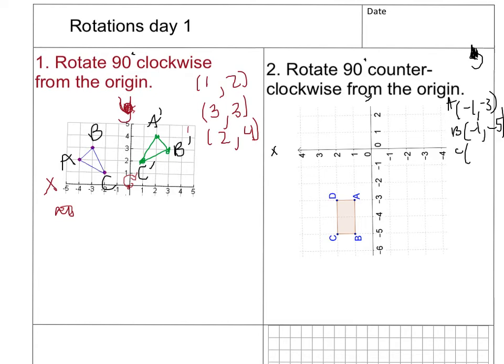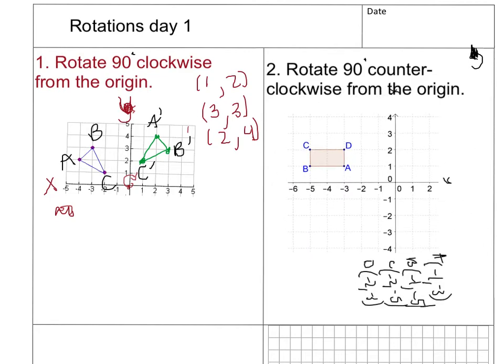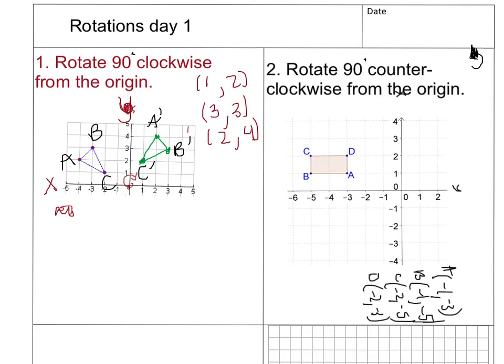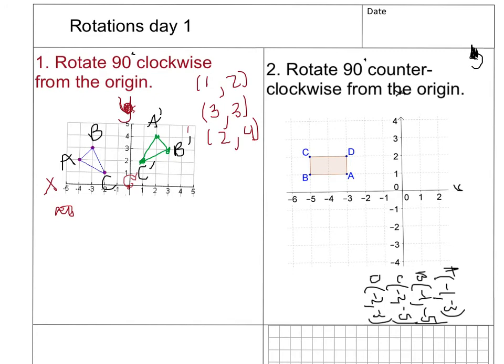C is (-2, -5). And D is at (-2, -3). Now that you've written down your points, take your object and turn it back. Unfortunately, my points also got turned, but that's okay. To the best of your abilities, just read sideways and graph those points.